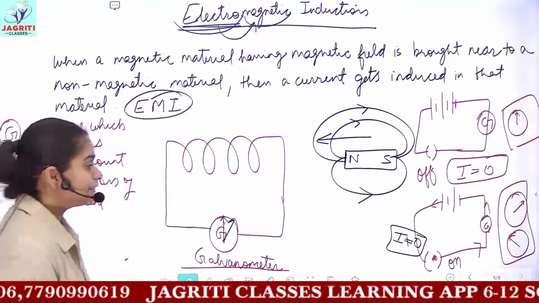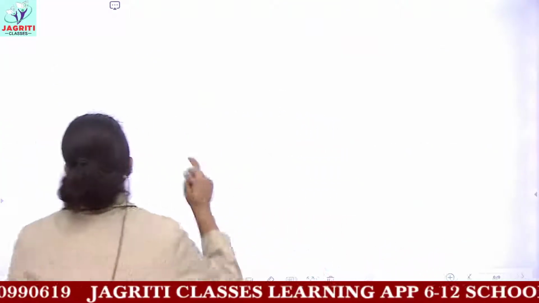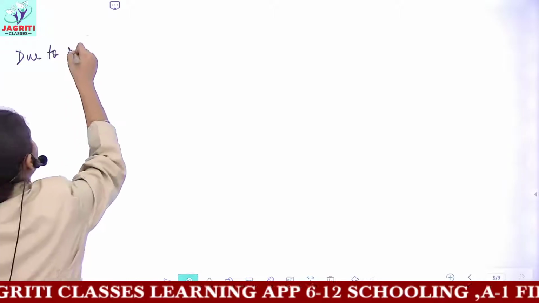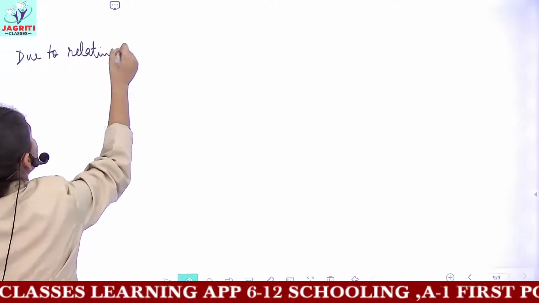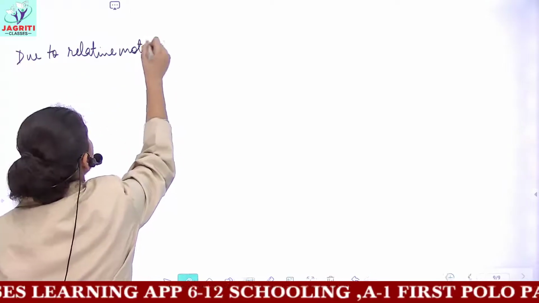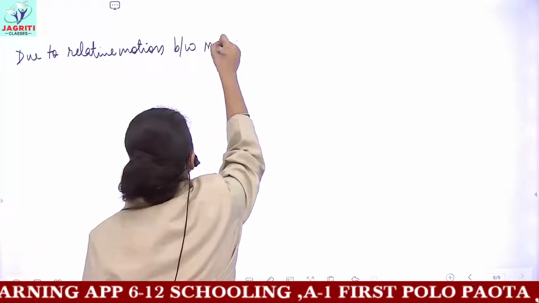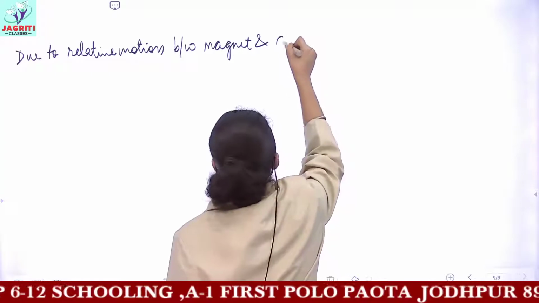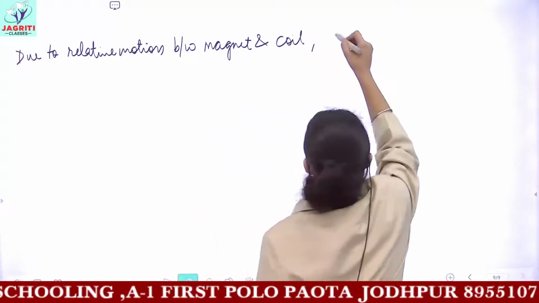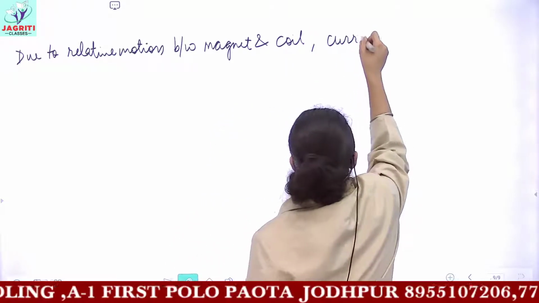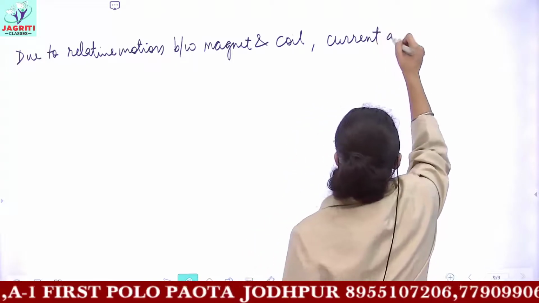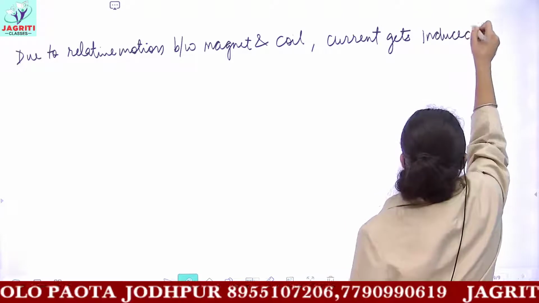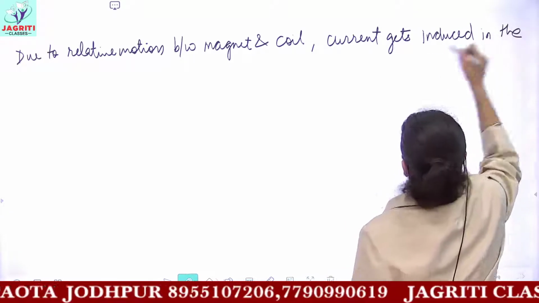So what is electromagnetic induction? If we write it in a summary, due to the relative motion between magnet and the current carrying coil, what happens? Current gets induced in the coil.